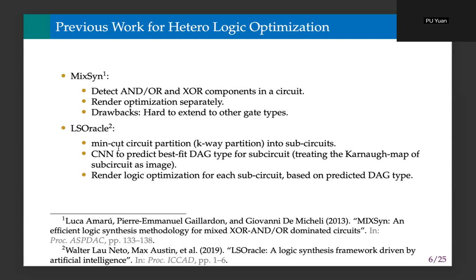First, it runs a partition to split the whole circuit into sub-circuits. Second, it uses a CNN to predict the best-fit DAG type for each sub-circuit, treating the circuit as an image during the prediction. The last step is to run logic optimization for each sub-circuit based on the predicted DAG type.